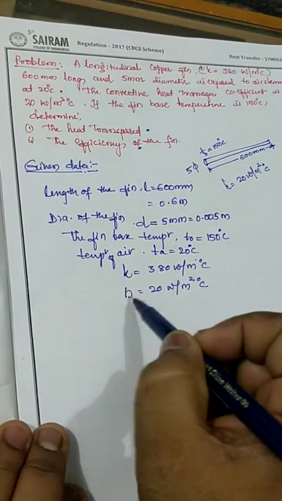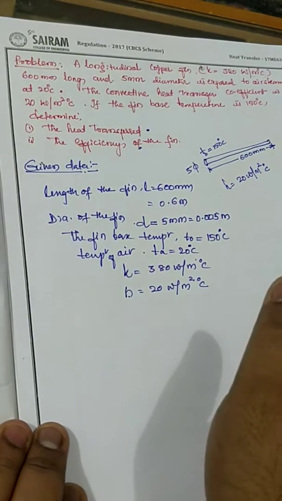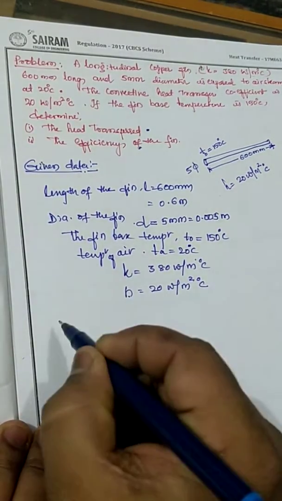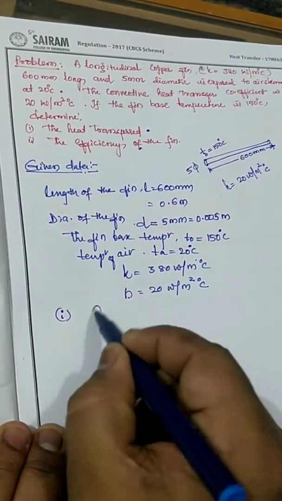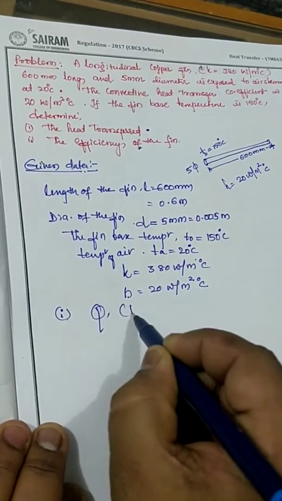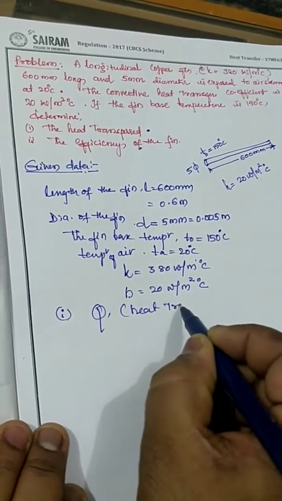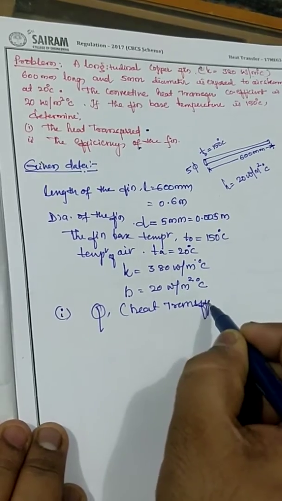That is the convective heat transfer coefficient of the air. So first one we have to calculate Q, that is heat transferred.